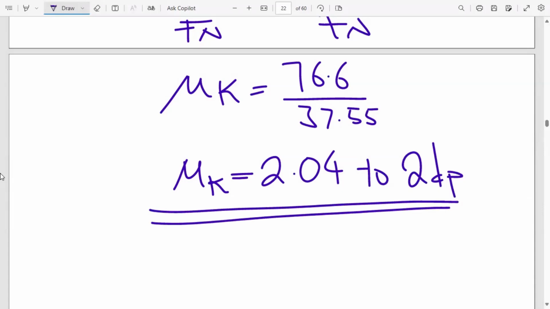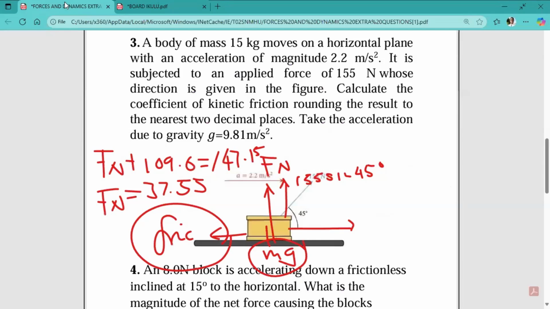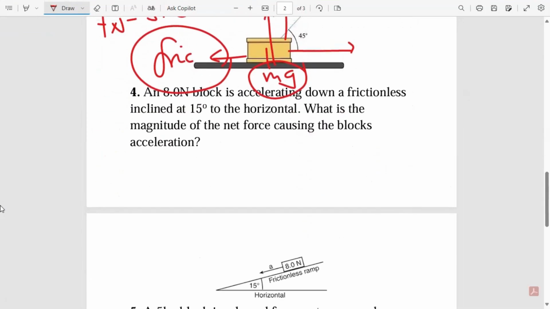The coefficient of kinetic friction is giving me 2.04, just like that. So this is very, very large, and the coefficient of friction must not exceed 1. So that just shows that maybe there was an error in the numbers given in the question itself. But according to what we've been given, that is what we are getting. You can go to the next question, which is question 4.